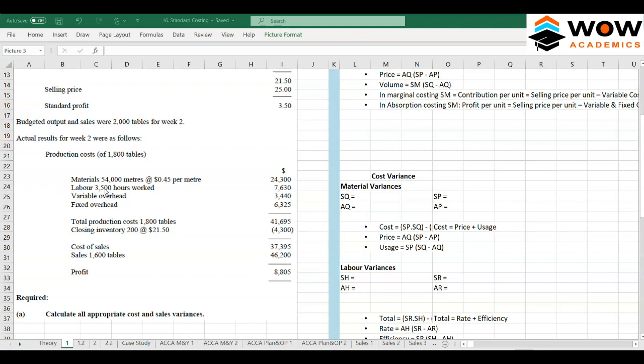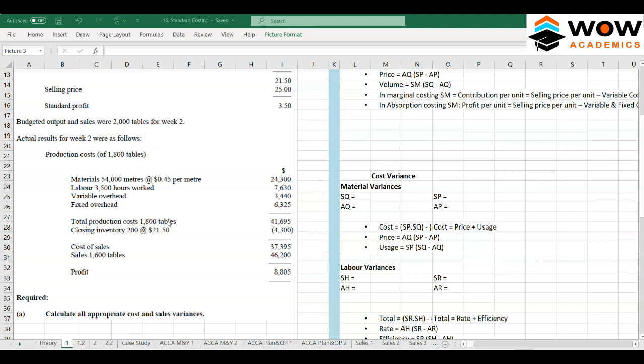Materials is 54,000 meters at 0.45. Labor is 3,500 hours worked, and variable overhead they have given as a whole number, and fixed overhead also they have given, and total production cost for 1800 tables is this number. So this is what they have totally produced.